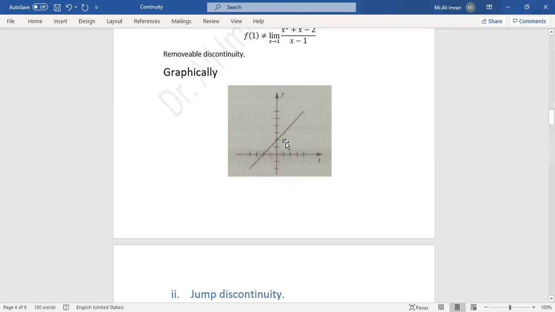This is the shaded value, and this is not equal to the value of the limit, so this is called removable discontinuity. Now I summarize this removable discontinuity. The value of the limit exists, but the value of the function at that point is not equal. So this is called the removable discontinuity.